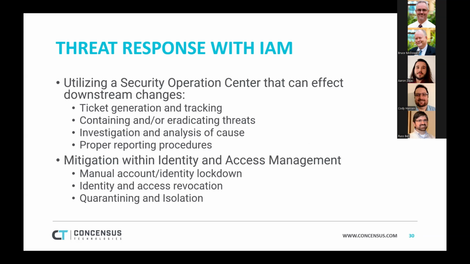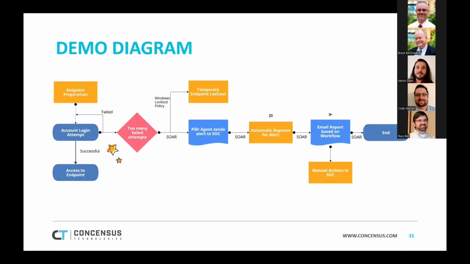So from here, I'd like to cover a brief demo of how Pillar SOC can handle some of these alerts. This diagram will just quickly go over what the demo entails. I have a previously prepared endpoint that will watch to see if too many failed attempts happen on an account.